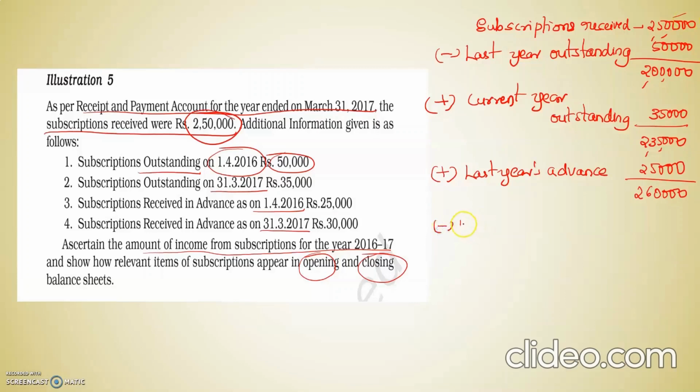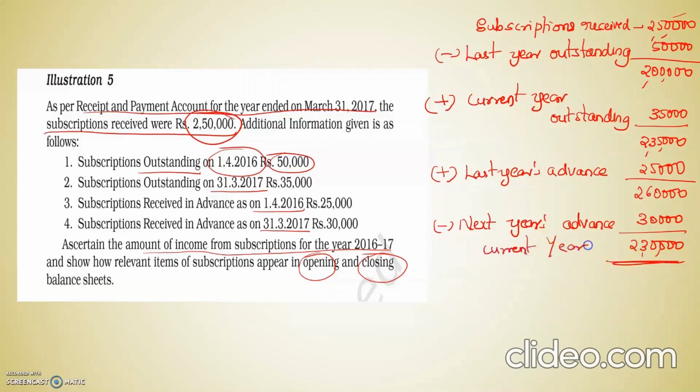So we have to remove that, next year's advance, 30,000. Now the remaining amount is 2,30,000 that belongs to current year and it will be entered in our income and expenditure account. So hope this calculation is clear.